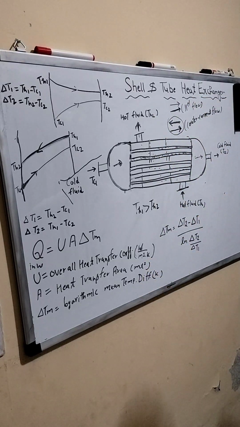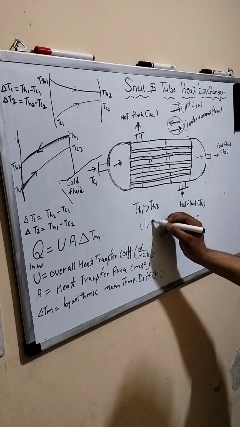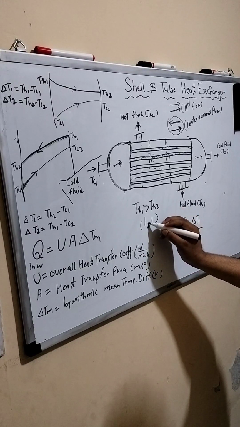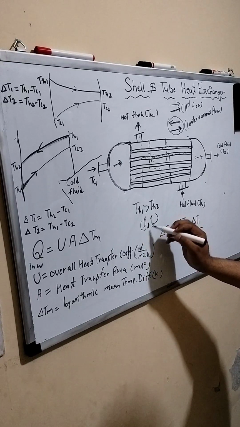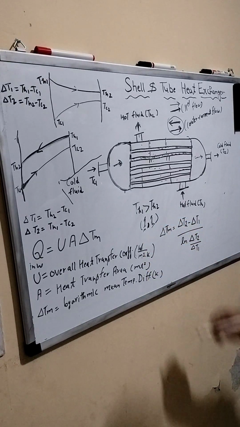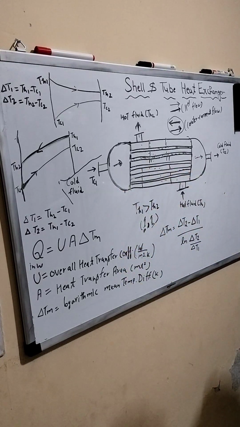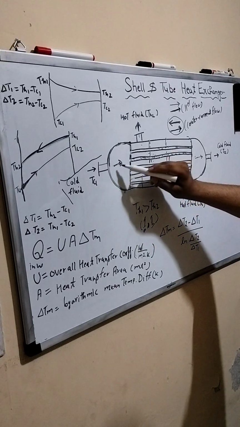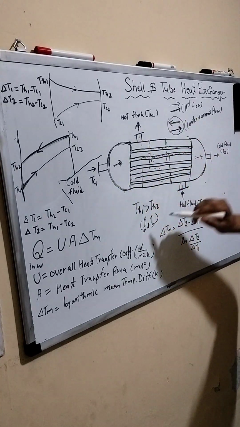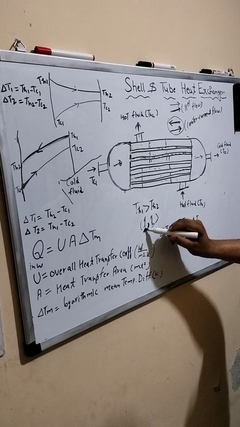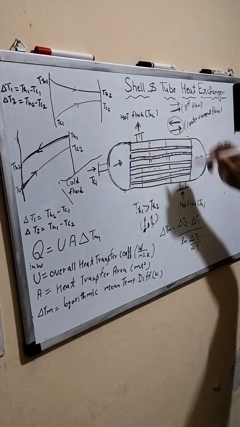Generally we use one type of shell and tube heat exchanger, with one pass. What is the meaning of pass? In this diagram you can see that the fluid moving on the shell side has only one pass.